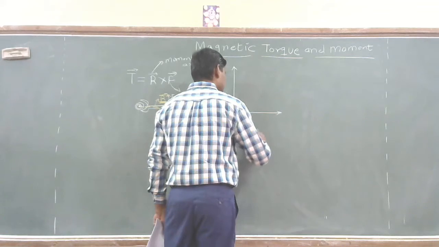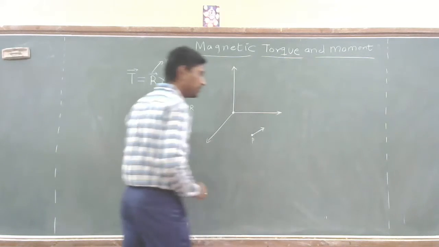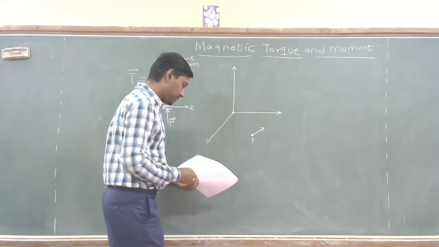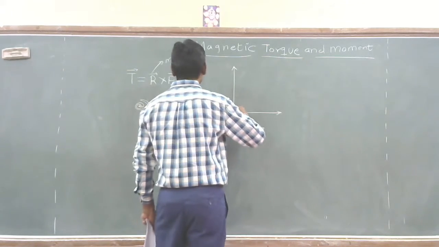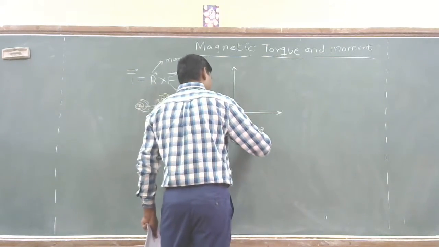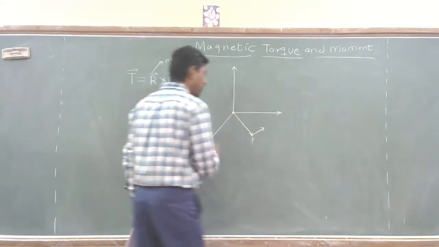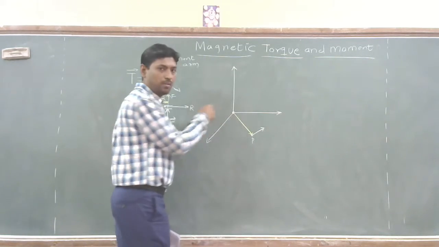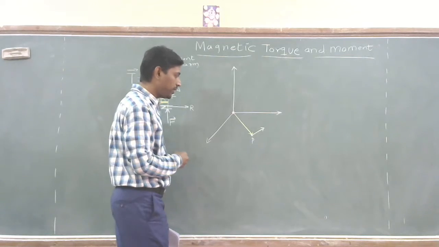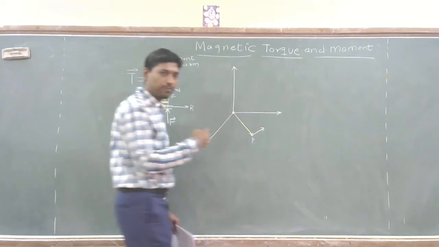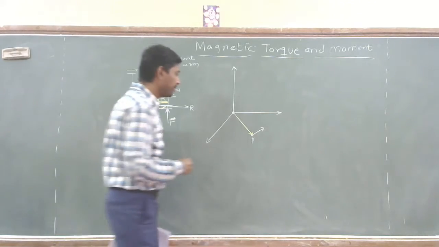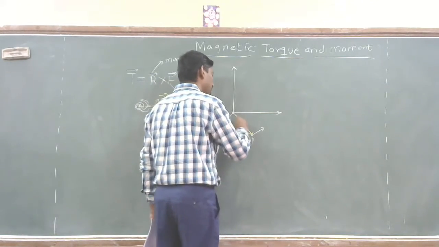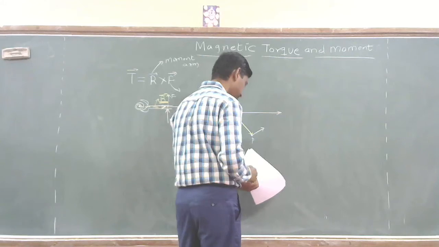We can define this moment arm, joining from this origin point, or a fixed point about which the object is rotating, as moment arm R, and this is my F.